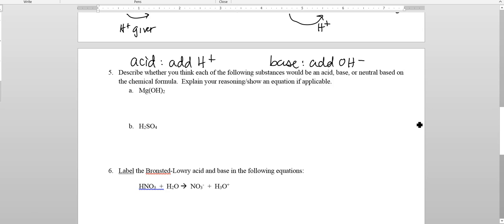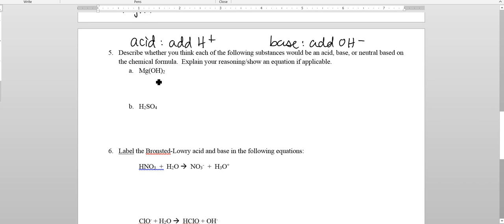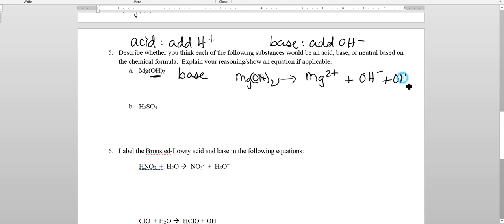And so if you look here at this chemical formula, it looks like MgOH2 has hydroxides in it. So this is going to be a base because when you stick MgOH2 in water, it's going to make magnesium ions and hydroxide ions. So anything that makes hydroxide ions is going to be a base.